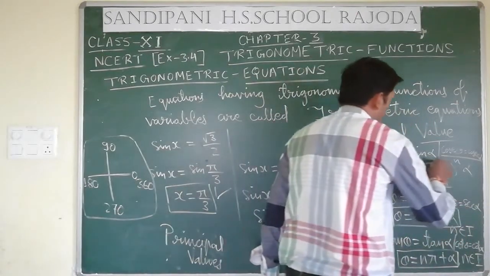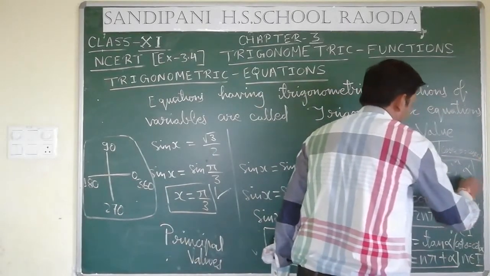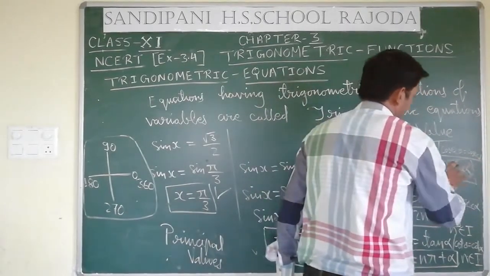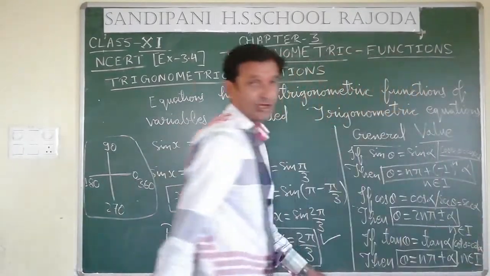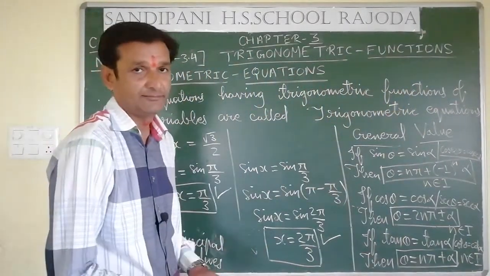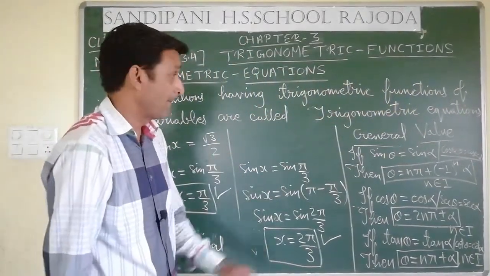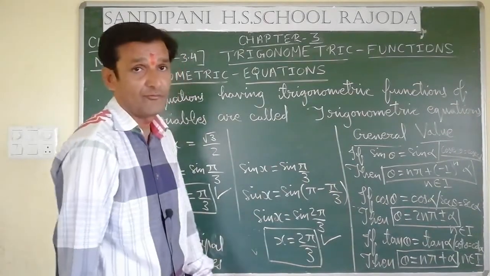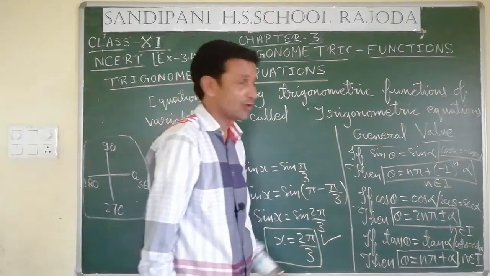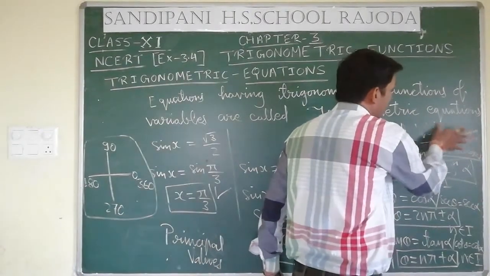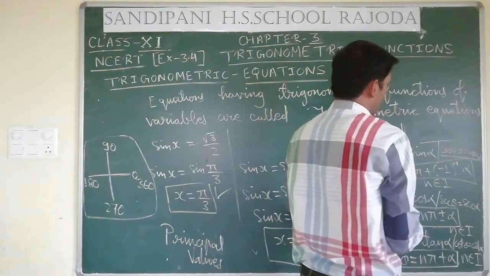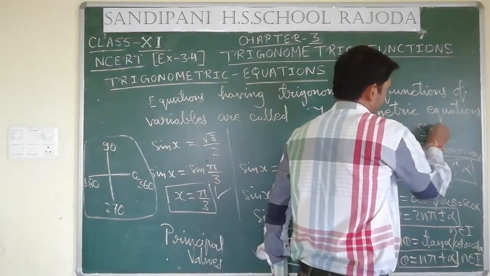These are the formulae for determining the general solution. The principal solution you can find very easily, but for the general solution you may write it in place of the value.